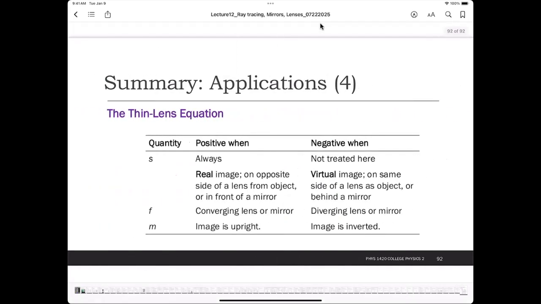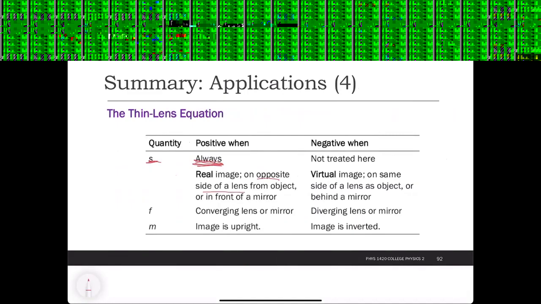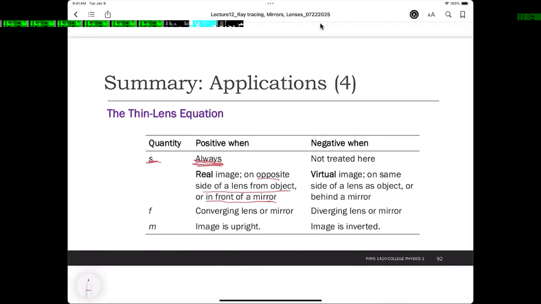For s, it is always positive. This is the distance from the object to the lens or the mirror. For the real image, it is on the opposite side of a lens from the object, or in front of a mirror. For the virtual image, it is on the same side of the lens as the object, or behind the mirror.